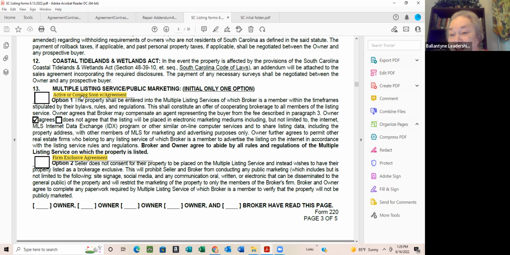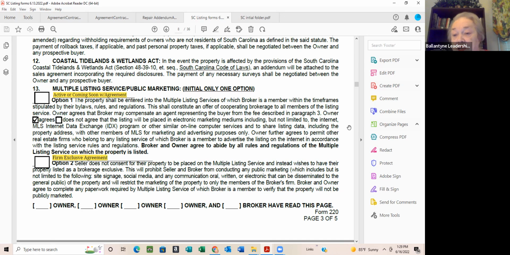You won't see those words, but know that option 1 is you are either going to go active in MLS within 1 business day, or you're going to go with coming soon. If you don't go with coming soon, and you're going to work just with the agents in our office only, then you're going to go with option 2.